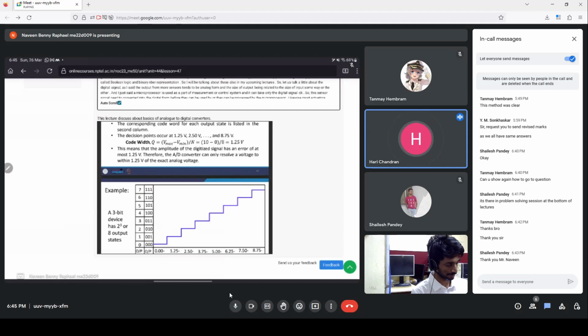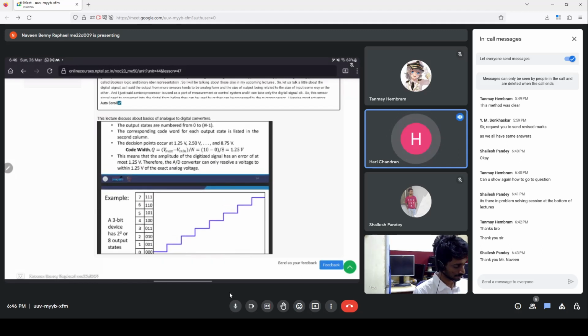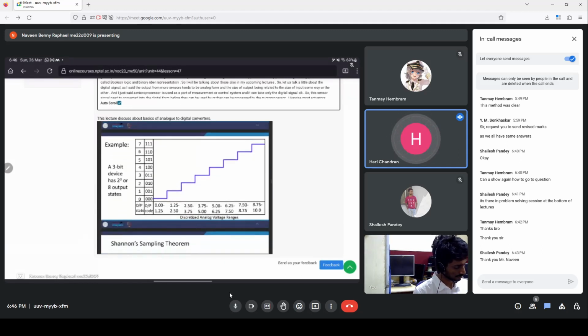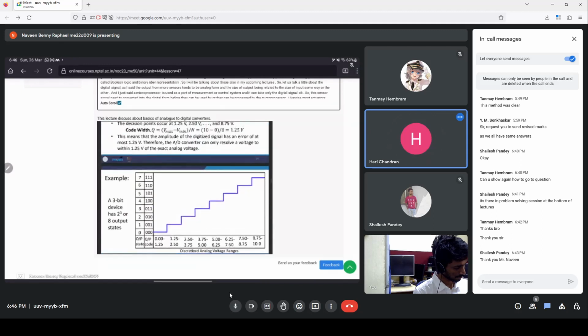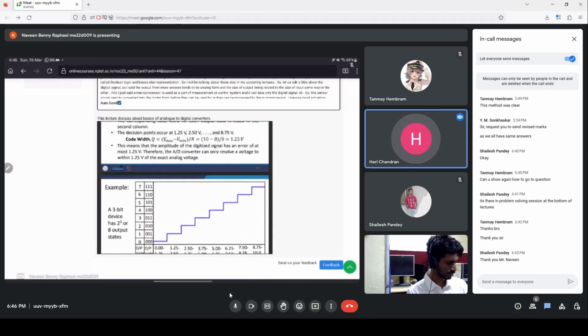That's correct. When linking with our question, normally your output maximum voltage is 10 volts. So if you are using 8 bits, 10 divided by 2 to the power of n minus 1, that way only we need to divide. So why did we divide directly 10 by 8?